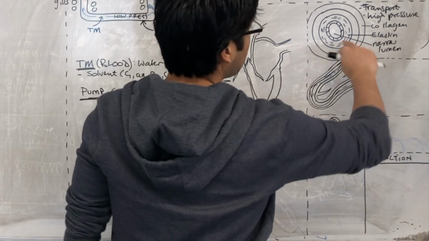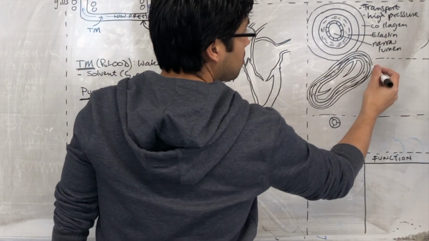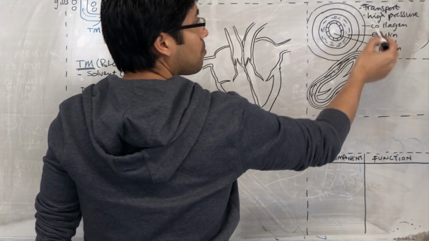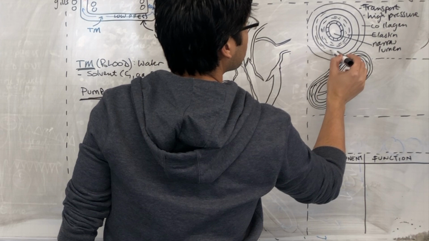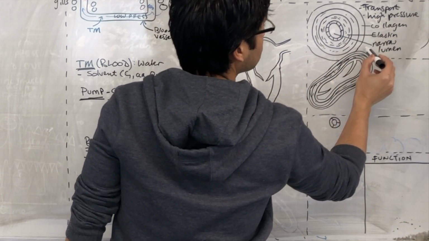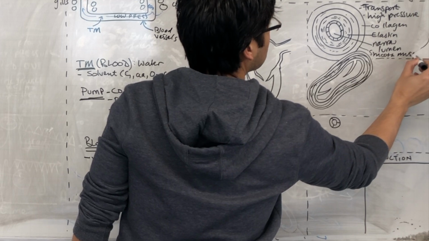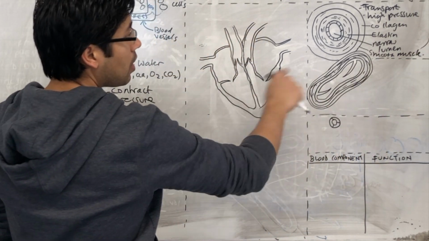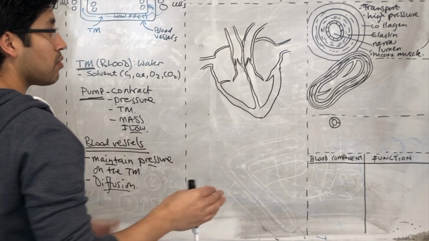Okay, so then we go on to the vein. Now the vein, as you can see, it's got collagen. Oh, I forgot to mention the smooth muscle here. So this smooth muscle also here. But in comparison, the vein has got much thinner layers of collagen.